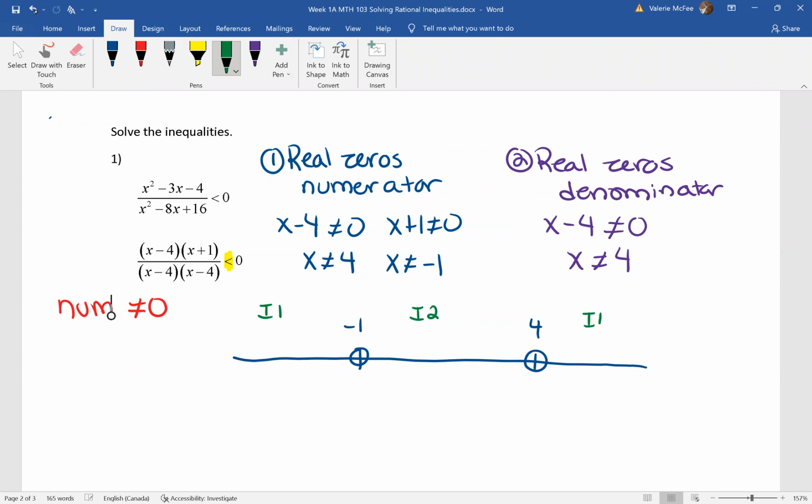In fact, we could label these intervals. The first one is from -∞ to -1. Both have open circles. The second interval is from -1 to 4. Open circles, therefore open brackets. And the last one from 4 to infinity.